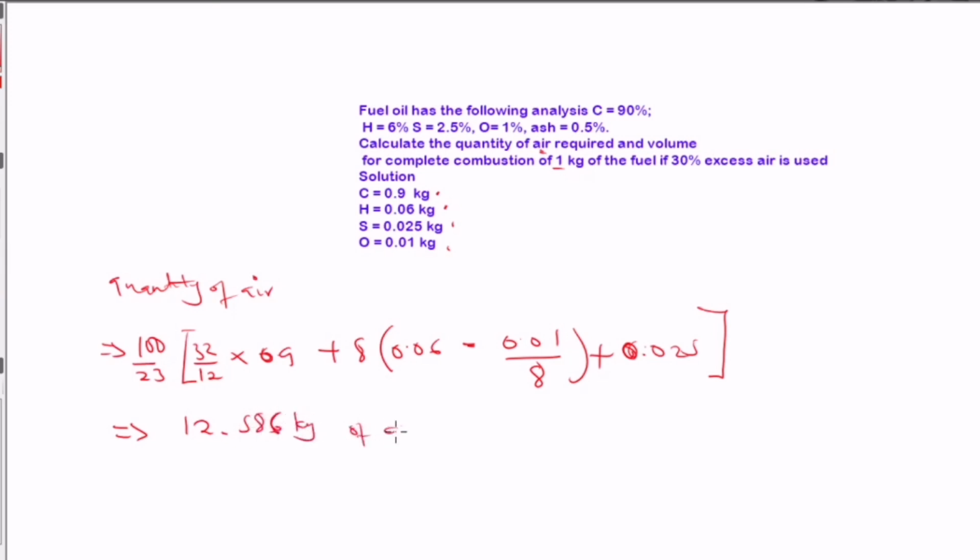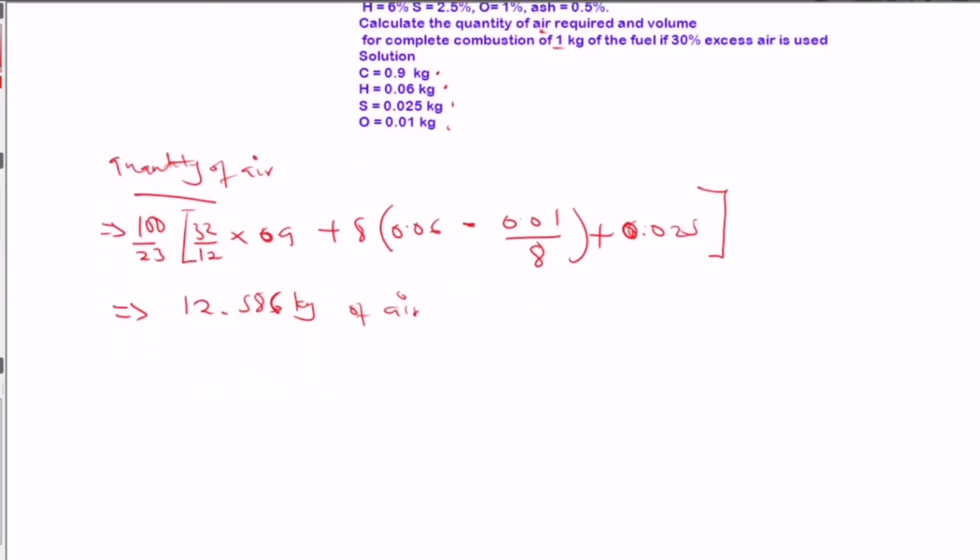kilogram of air. So for the quantity of air, we had 12.586 kilogram of air. But they say that if 30% excess of air is used, so let's do that. For 30% of excess of air, we have this to be the quantity of air, so we find 30% of this air.